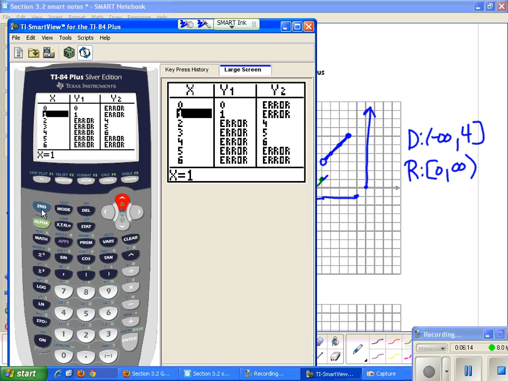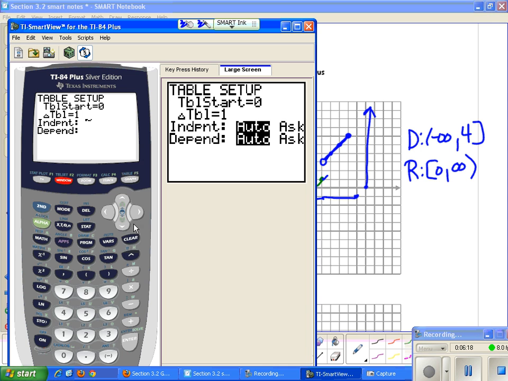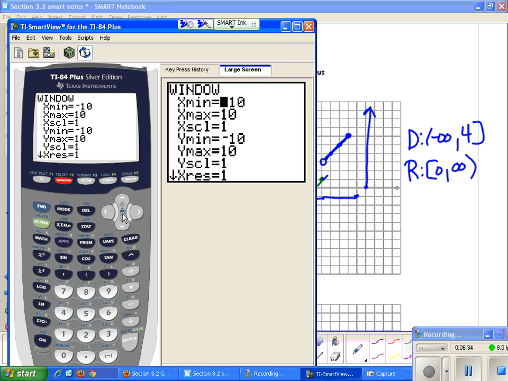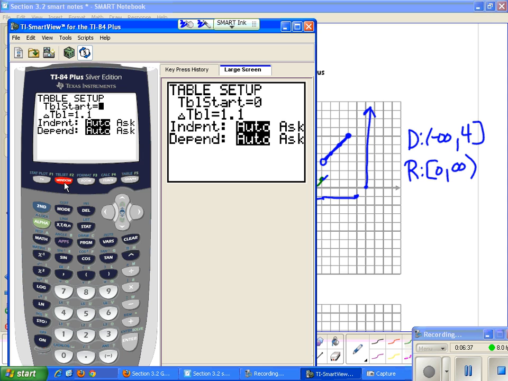So if I go to second, or integers I should say, so second window, let's do 1.1. Notice if I put 1.1 in and I go to my graph, we do have values. Oops, sorry, not 1.1. I should have done 0.1. So I do 0.1 and go to my graph.